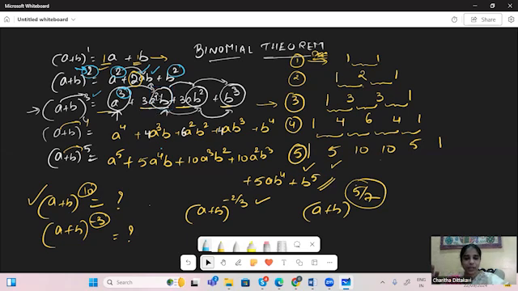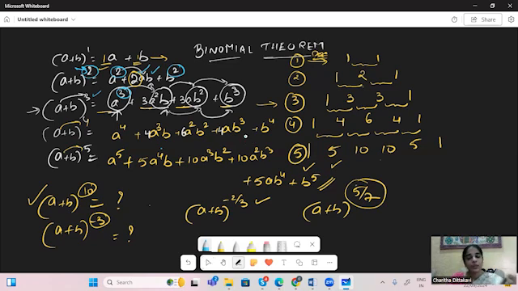So I have given 2 to A and 1 to B, 1 to A and 2 to B. Even observe A plus B whole to the power 4: 4 as a power for A or 4 as a power for B. Later it decreases to 3 and 1, 2 and 2, 1 and 3. Did I miss out any chance? No, right? So this distribution technique is what we are going to use in deriving our formula.